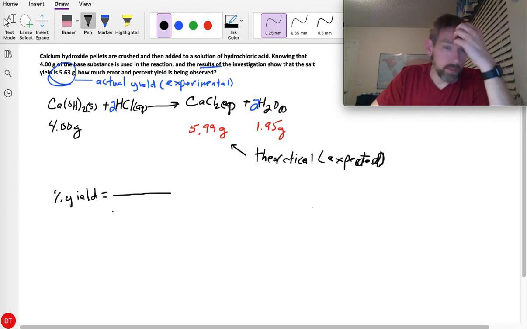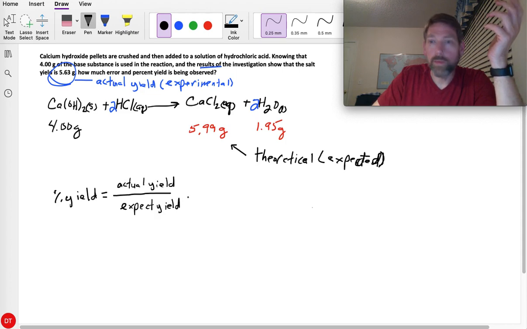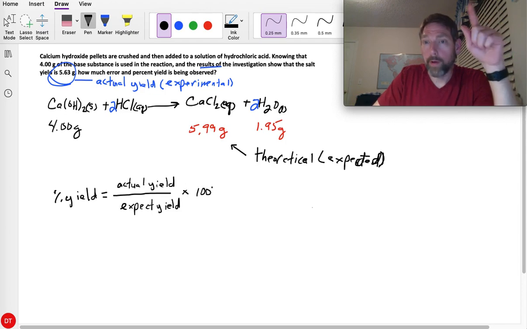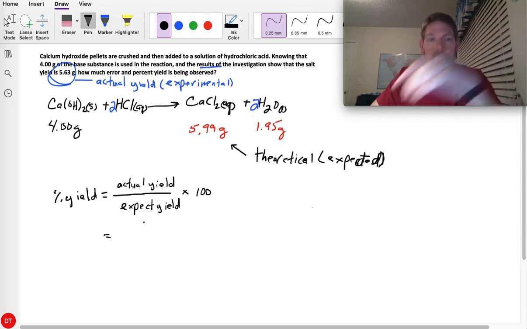In this case, we have a theoretical yield that we expect to get. So our percent yield is how much we actually got versus what we expect to get. And anytime you have a fraction, the only way to get a percentage is to multiply by 100. So that's experimental yield over theoretical yield, same thing.